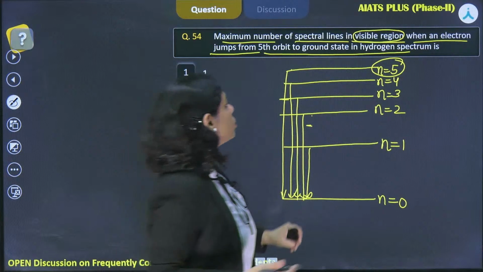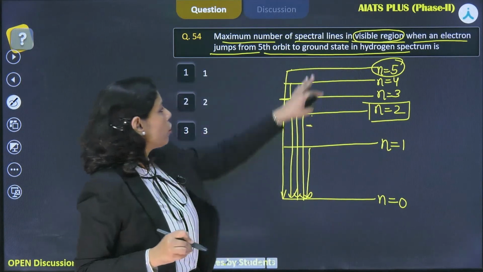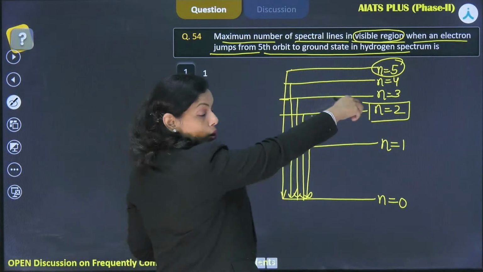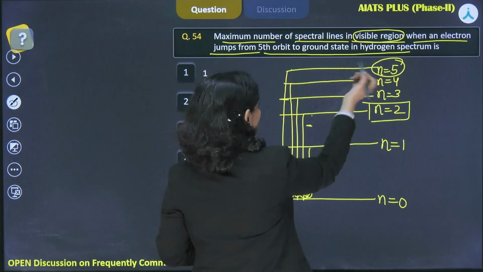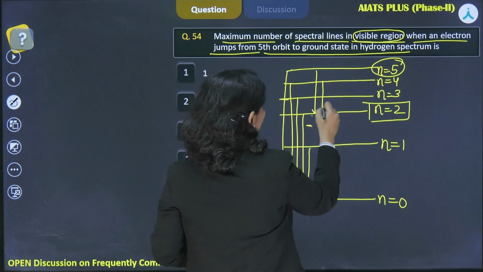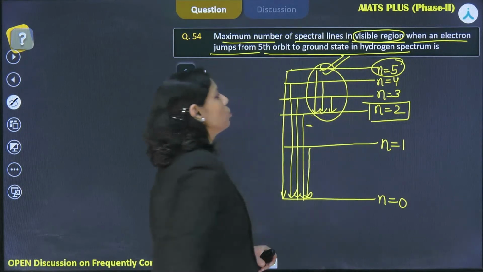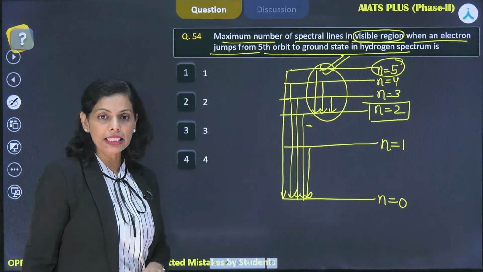Option 3. So visible region means N is 2, right? From the 5th level, if the electron is jumping to the N equals 2 level: from 5th to 2, from 4th to 2, from 3rd to 2. These are the spectral lines you are going to get, right?